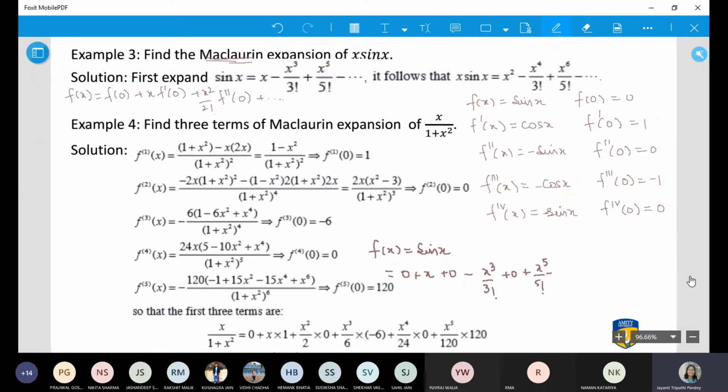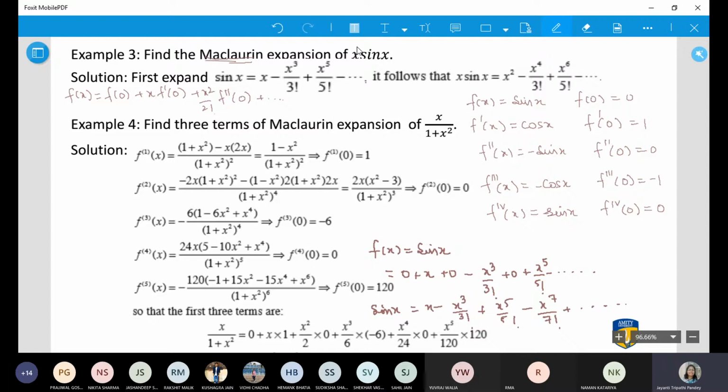Alternate plus minus you will get. So the expansion of sin x is x minus x cube upon factorial 3 plus x^5 upon factorial 5 minus x^7 upon factorial 7, plus minus you will get.